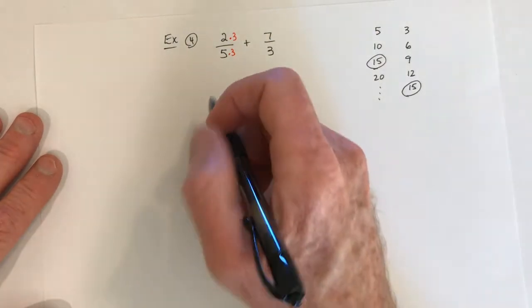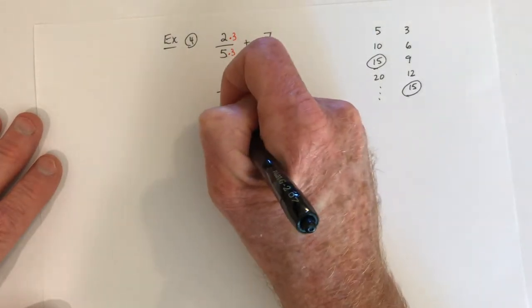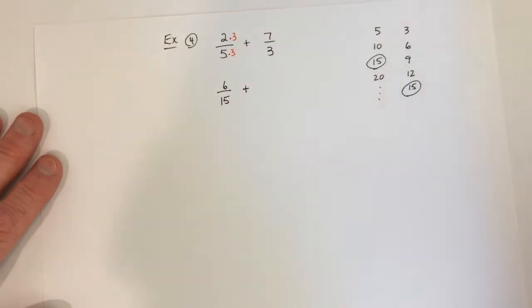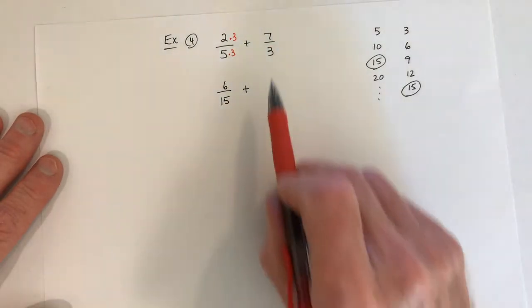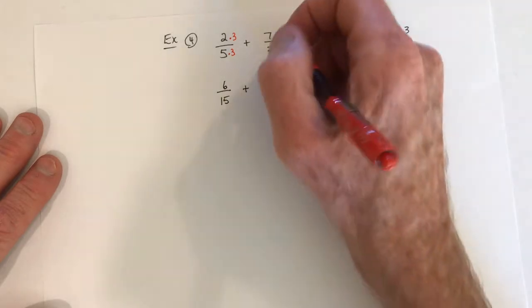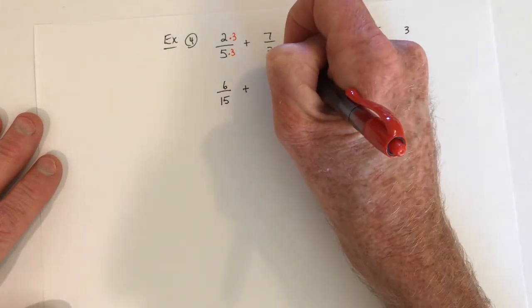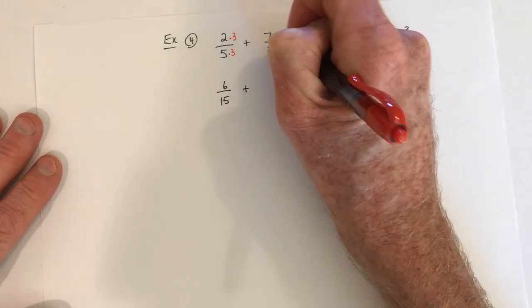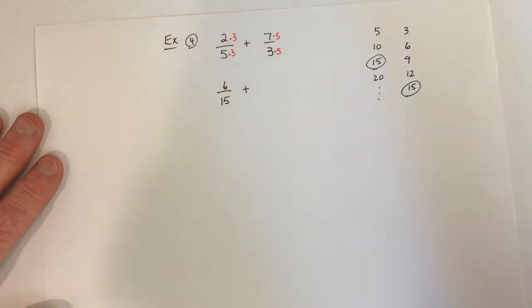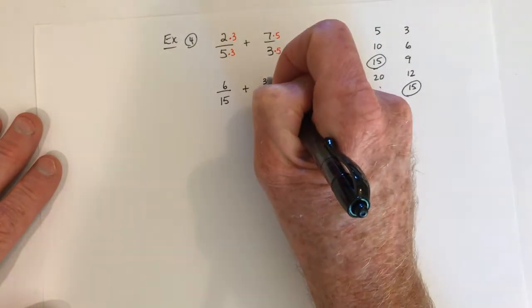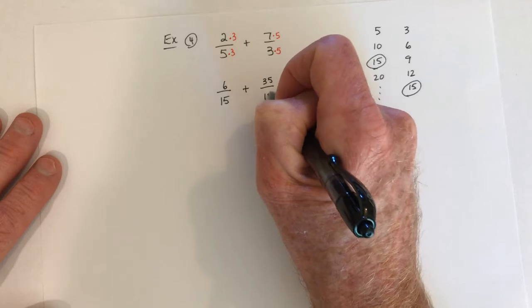And this one will leave 6 over 15. And this one can be changed into a 15 if you multiply by 5 on the top and the bottom. And so that will be 35 over 15.